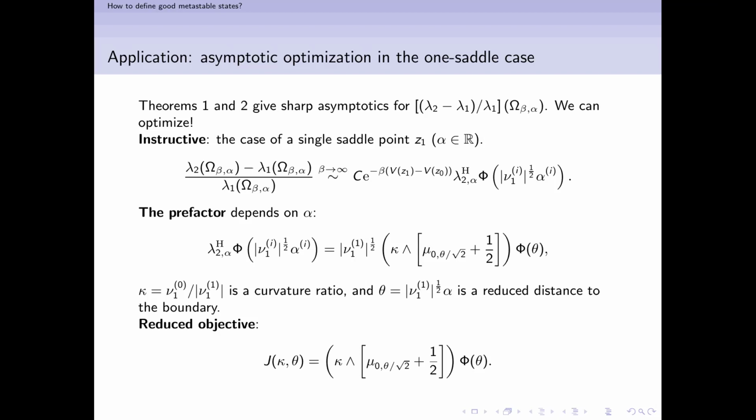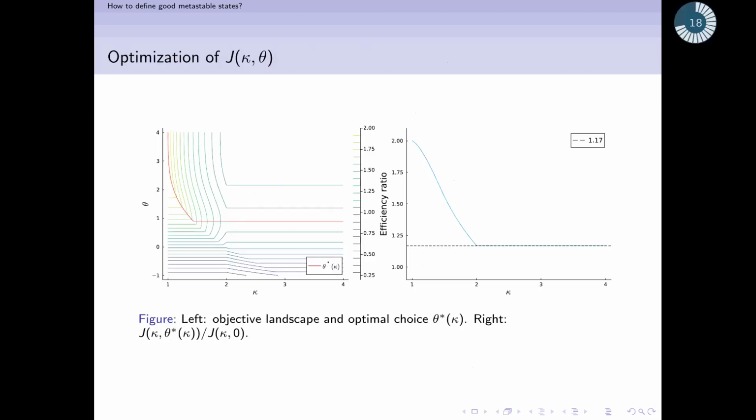And you get a recipe to find the asymptotically optimal boundaries in the low temperature limit. So we do exactly that. You have this reduced objective, and what I write here is the curvature ratio between the saddle point and the minimum.